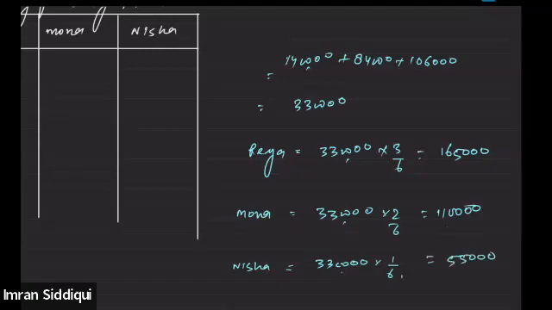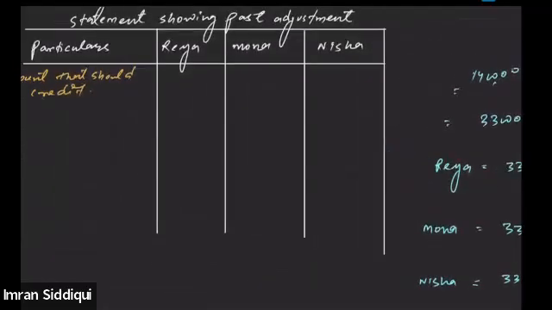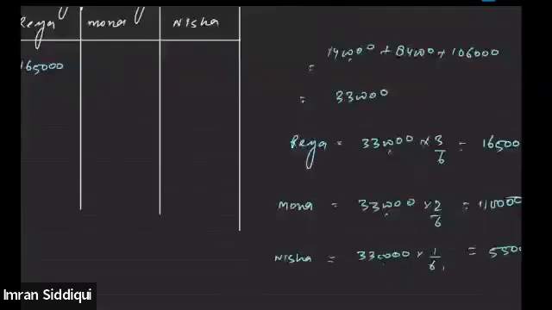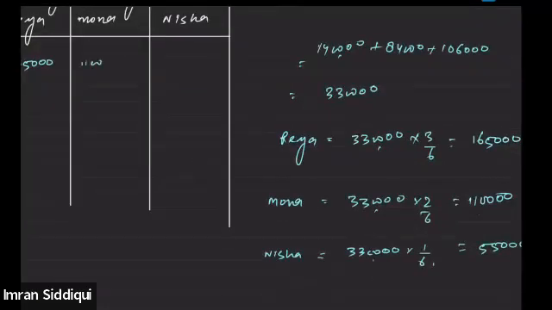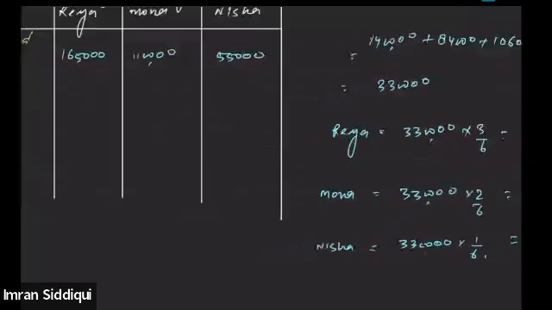Alright, so this is the amount of profit that should have been credited. 1,65,000 and 1,10,000 and 55,000, right?